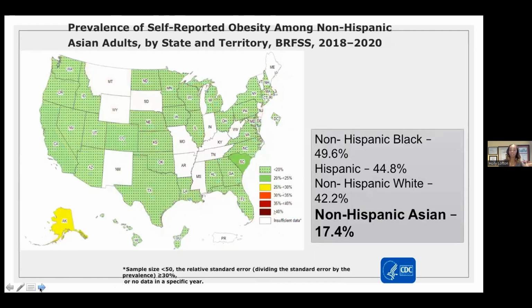And this graph looks at the Asian population. Again, I want to point out here, we do start to see that green dotted pattern when there's less than 20%. However, this is based on BMI. And we know that in Asian populations, there can be weight-related conditions such as fatty liver, type 2 diabetes, and heart disease at a lower BMI.